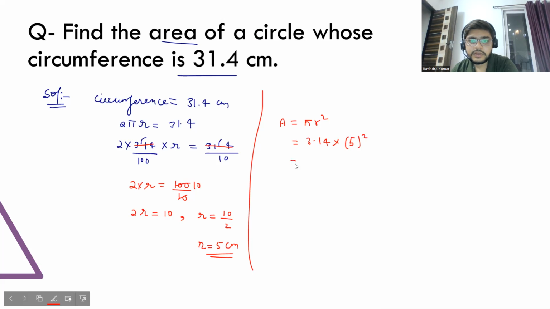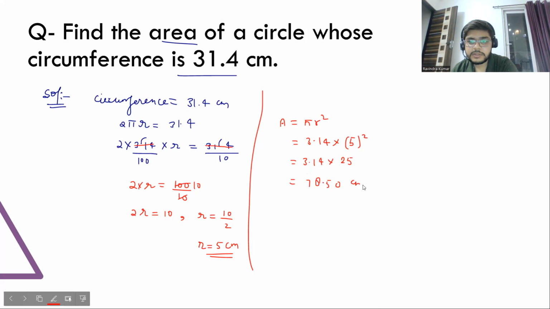So 3.14, and 5 square is 5 into 5, that is 25. Now multiply it. 25 times 4 is 100, carry 10. 25 times 1 is 25, plus 10 is 35, carry 3. 25 times 3 is 75, plus 3 is 78, and put the decimal after two digits from the right-hand side.